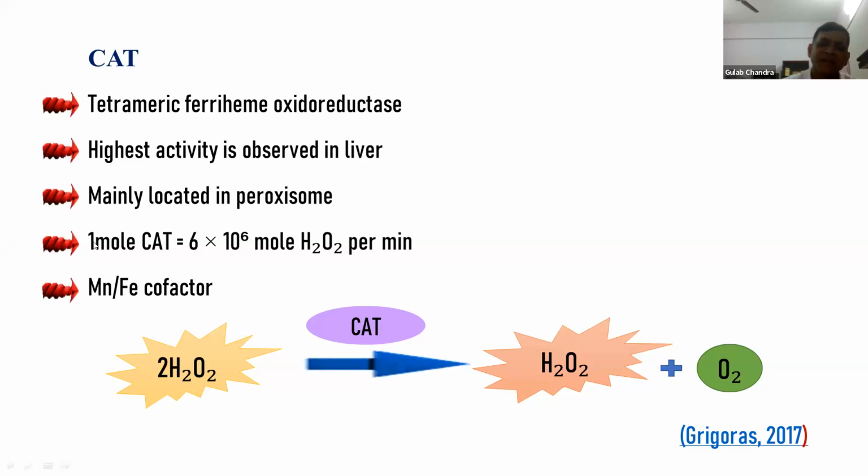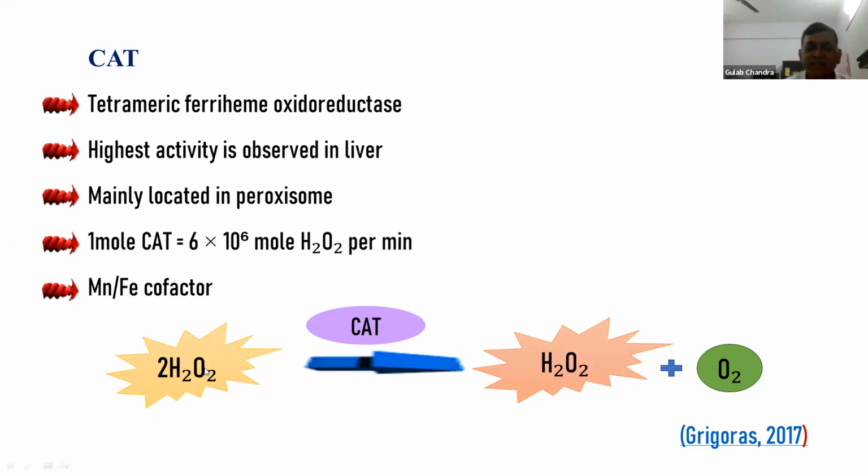Magnesium and iron act as cofactors for the activity of catalase. Without these minerals, the activity is impaired and it is not able to act.